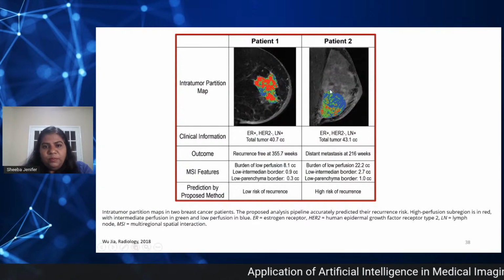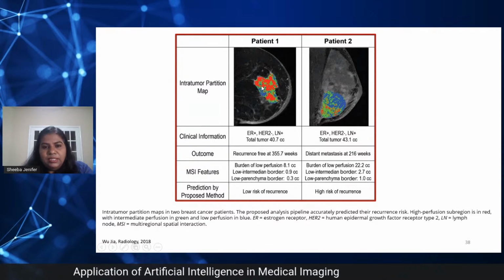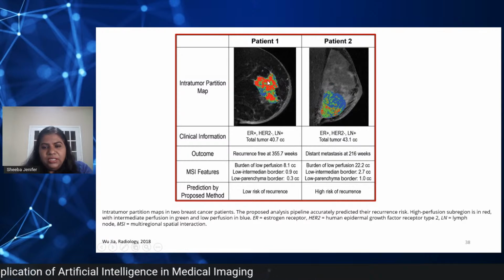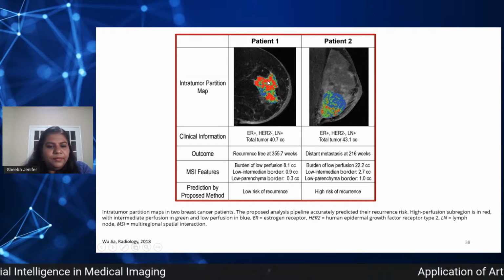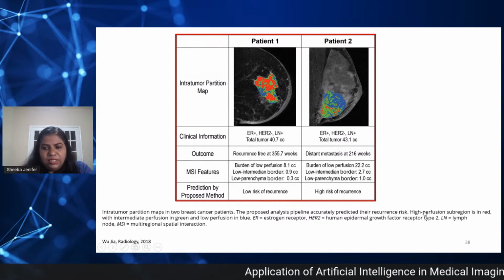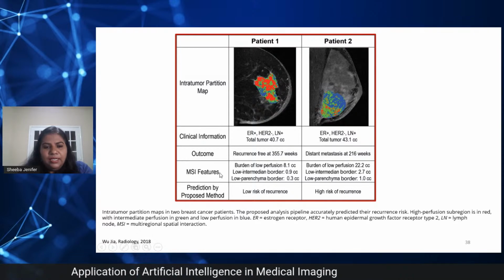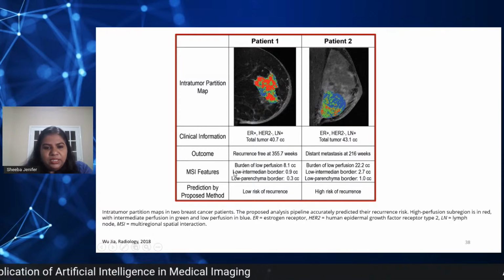And again, two patients are compared. Here you can see the burden of this. The red regions are called high perfusion subregions. I will directly go to the MRI features.